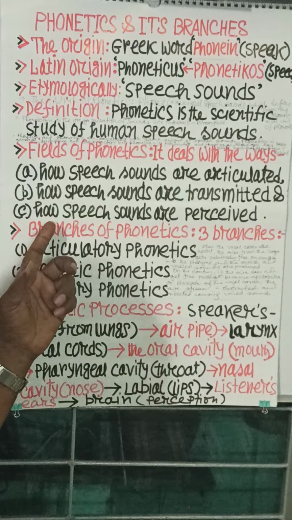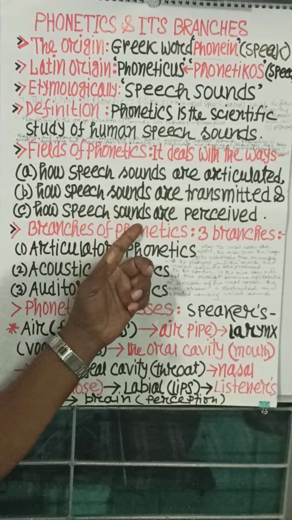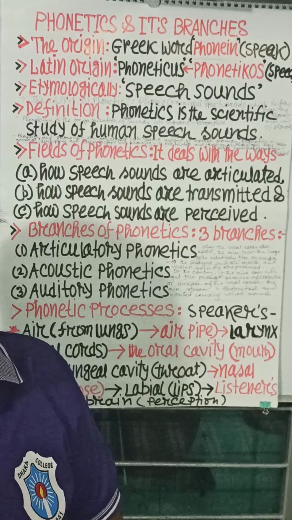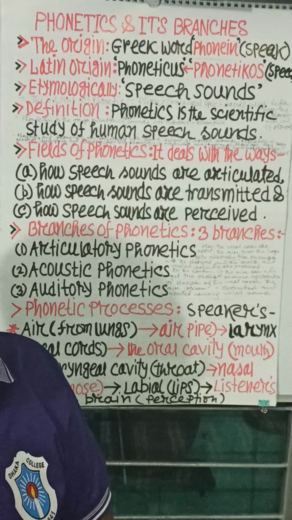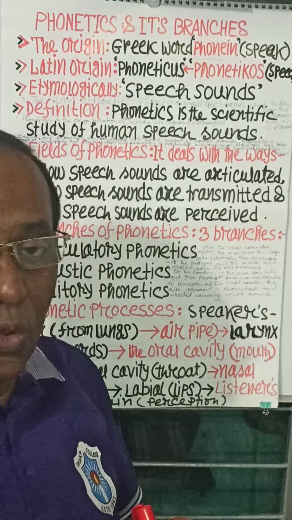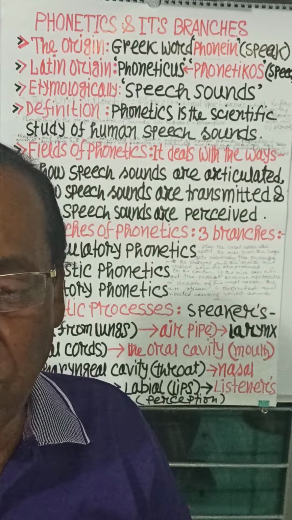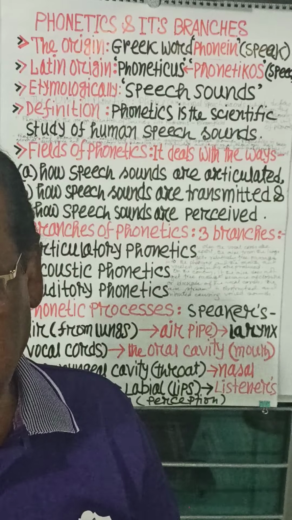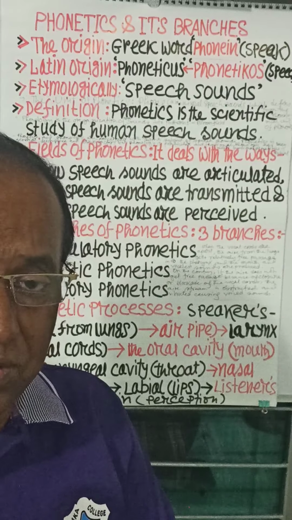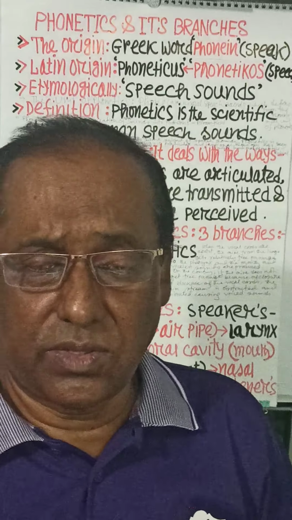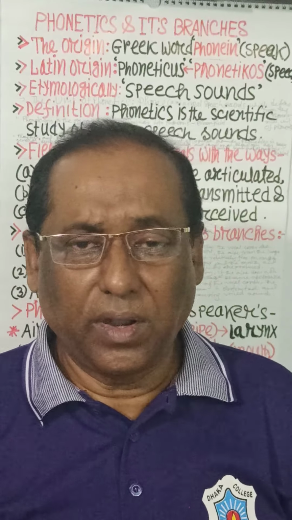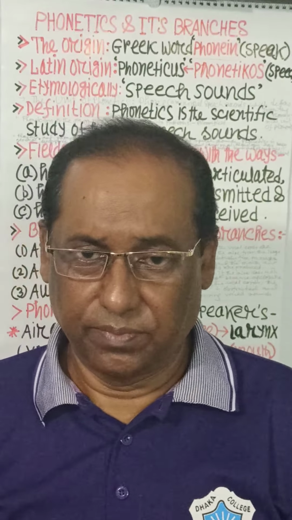And then how speech sounds are received by the ears of a listener, and how those received sounds are perceived. So, phonetics, in fact, is a universal, common property of linguistics.